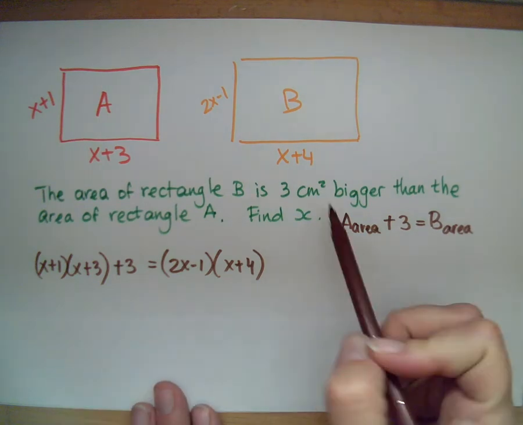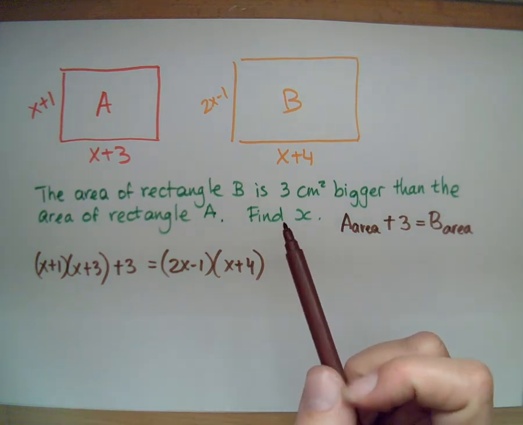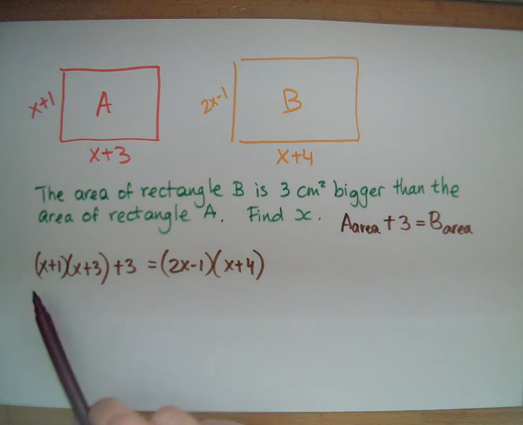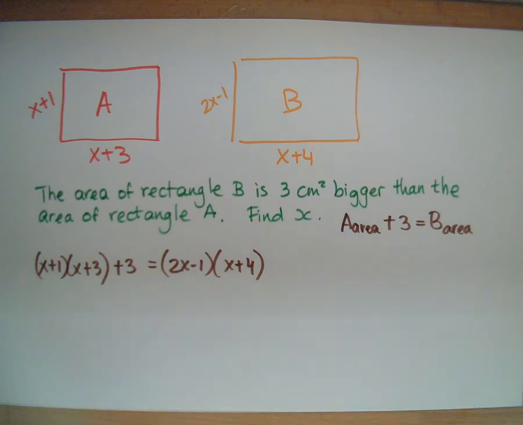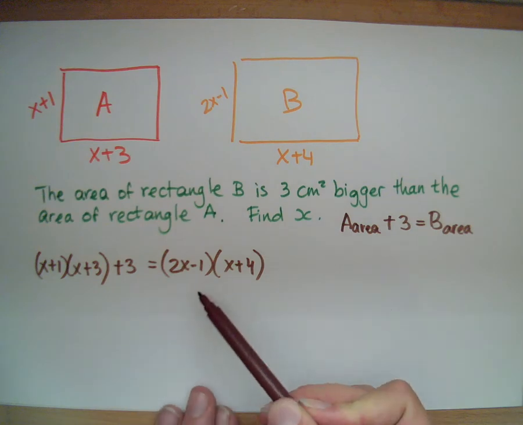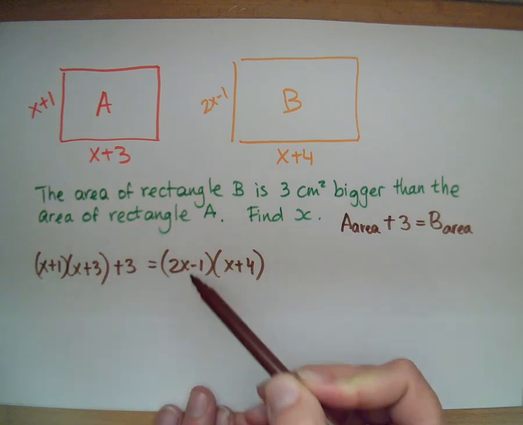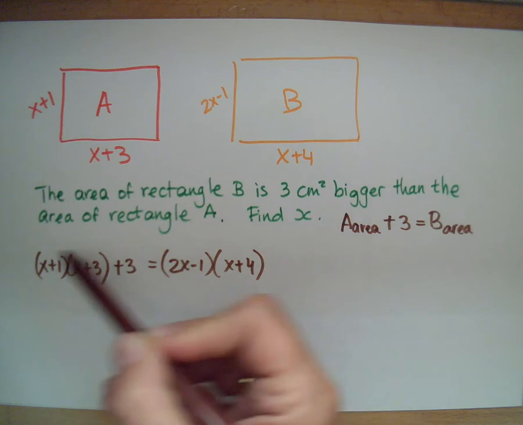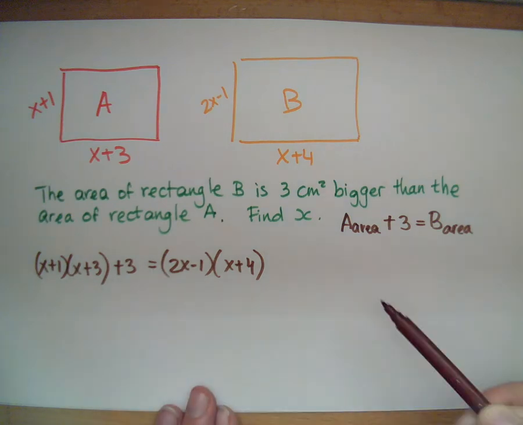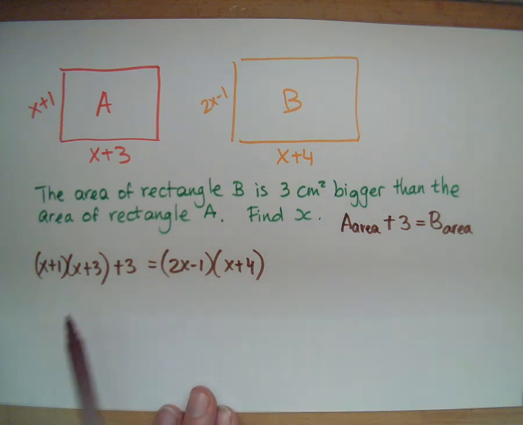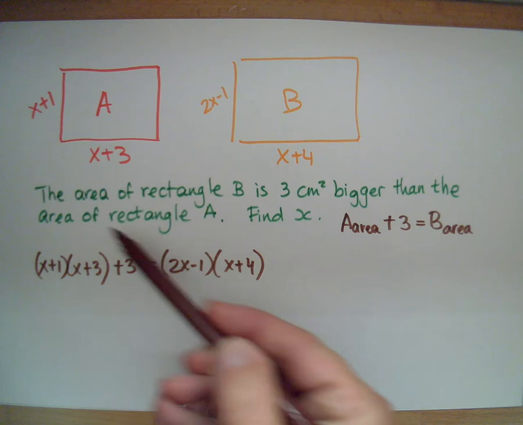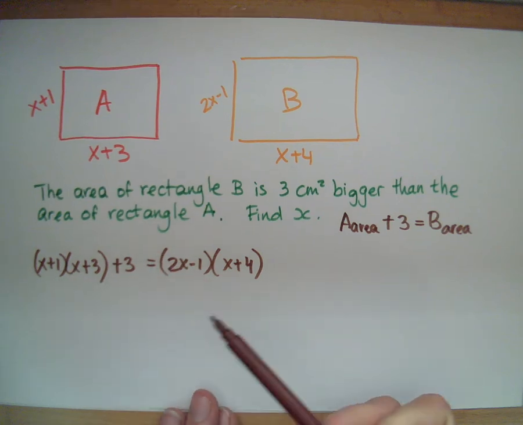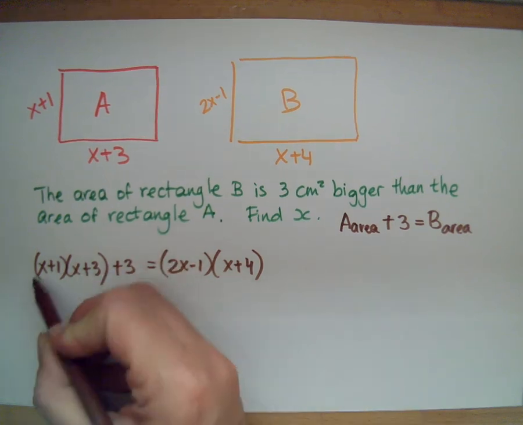Okay, and now we know to solve quadratic equations, which is finding the x values that make it true, we first want to get all the terms to one side so that we have equals 0 at the end. I'm going to expand and then move stuff over because then I can combine like terms. Let me show you how I do that.